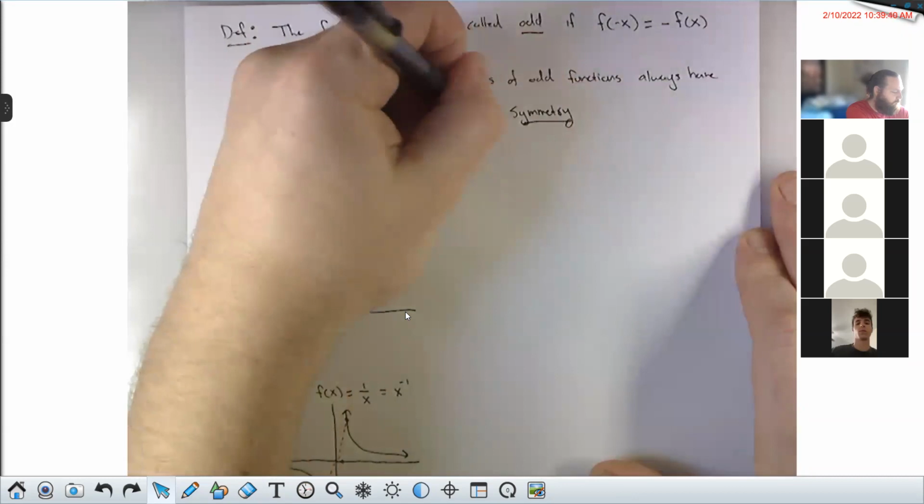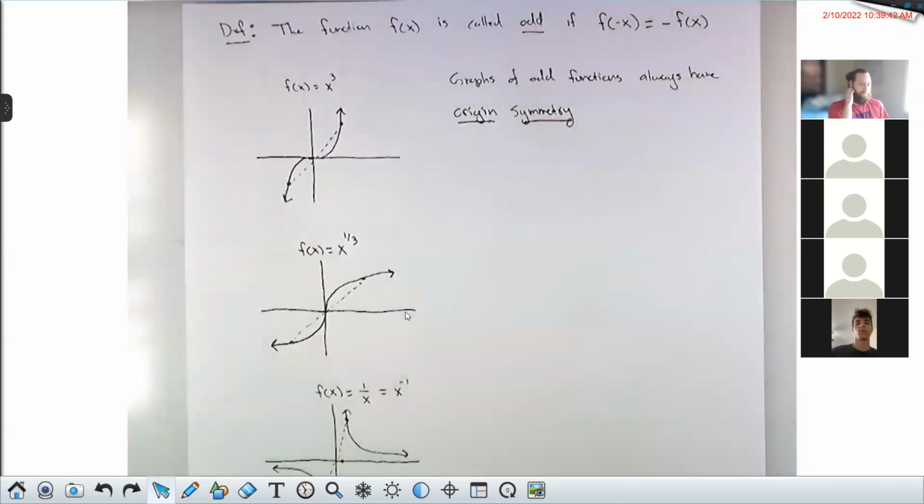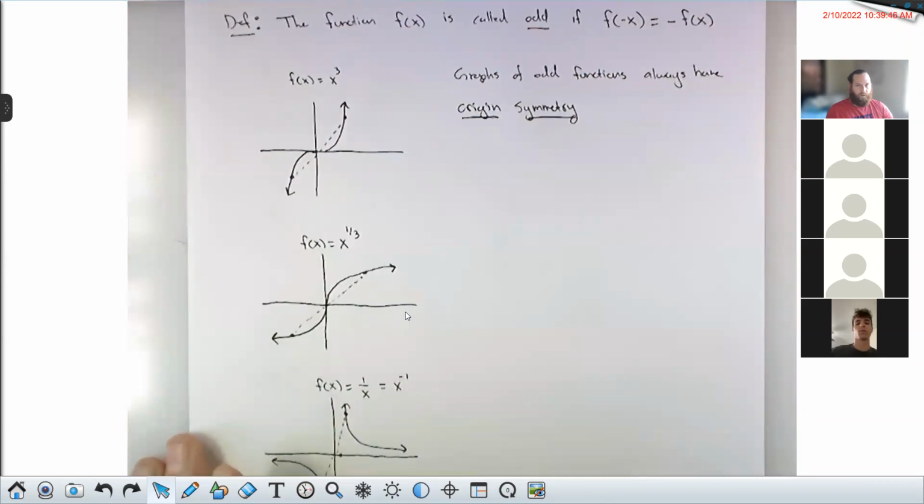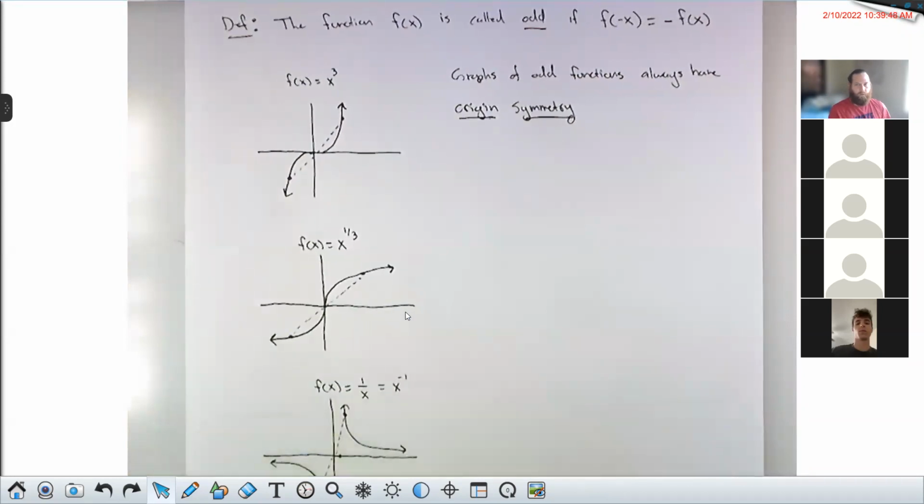I always say they're symmetric about the origin. And like we did with that last guy, I want to take one of these and prove that he is an odd function using this algebra definition here. Just to make sure we're comfortable with both definitions, both ways of thinking.